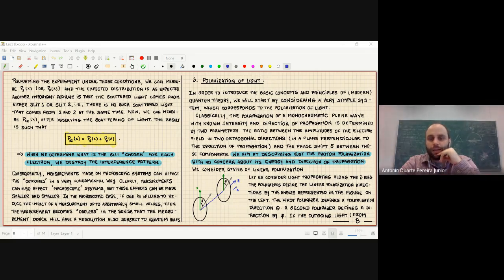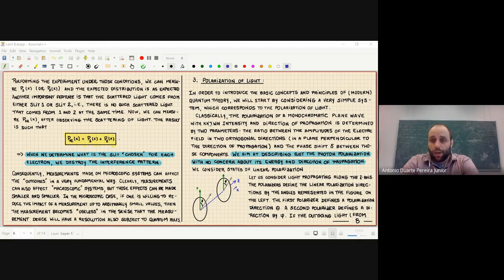Mahmoud asked, is there a relation between theta and phi? In principle, theta and phi are independent angles that you choose. You can choose phi completely different from theta, and it's just an experimental choice.